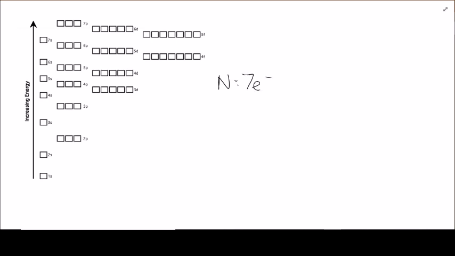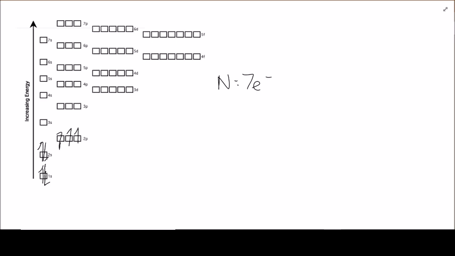So we fill the orbitals from lowest energy first, and we proceed to have a spin up and a spin down, and we continue until we have filled the 7 electrons in the orbitals. We fill unoccupied orbitals first of the same energy. So here we have the 7 orbitals.